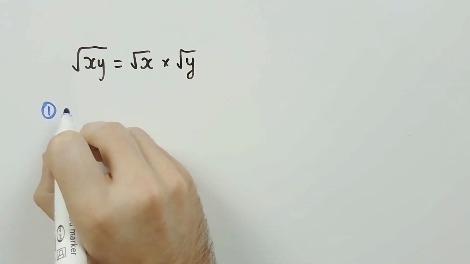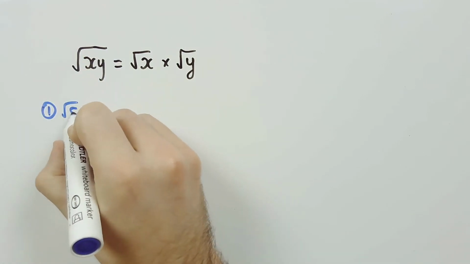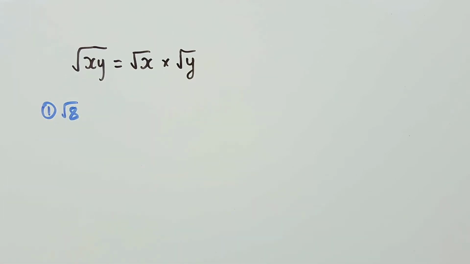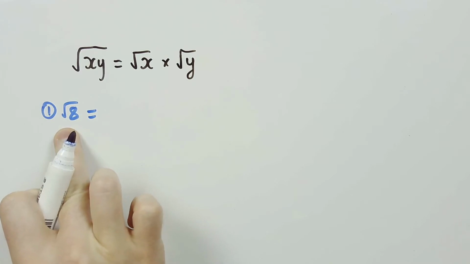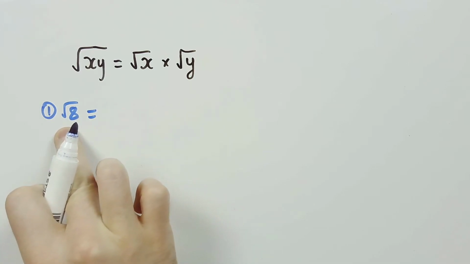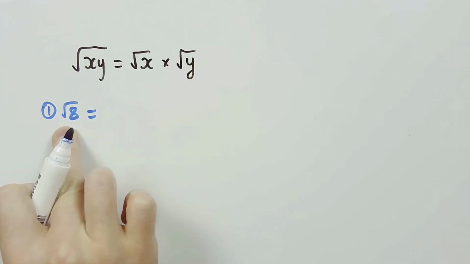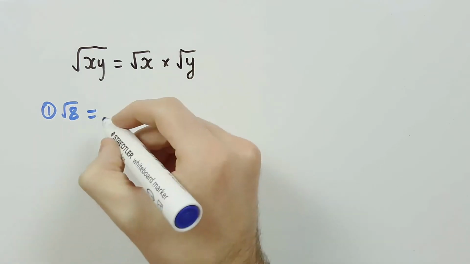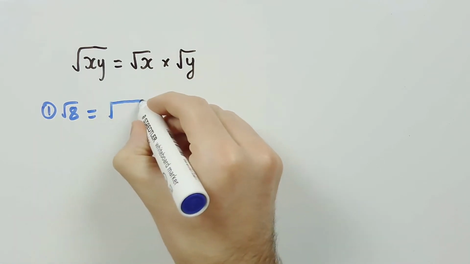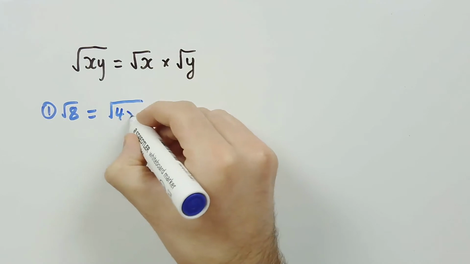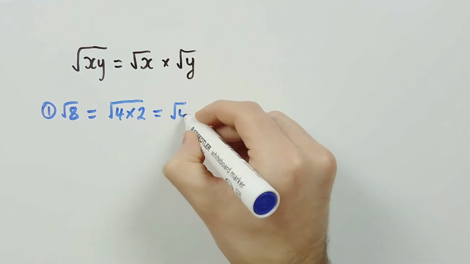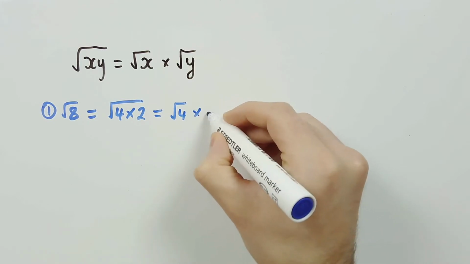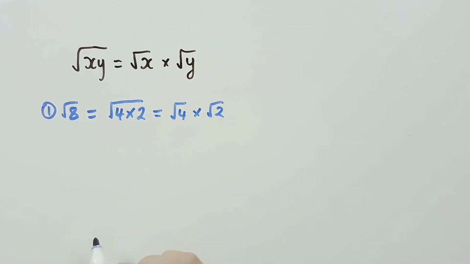So the first example we'll look at is simplifying the square root of 8. So here, using this rule, we can see that the value 8 can be broken down into 4 times 2. And using this rule, like I mentioned, 4 times 2, we can break that down into square root of 4 times square root of 2.